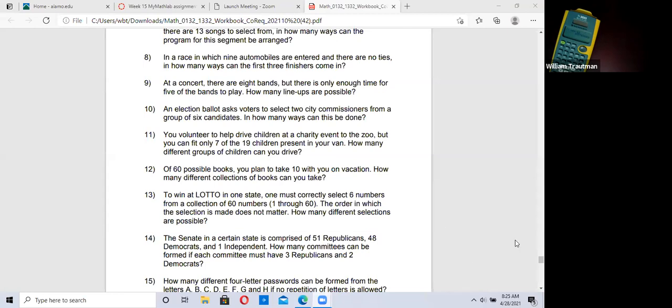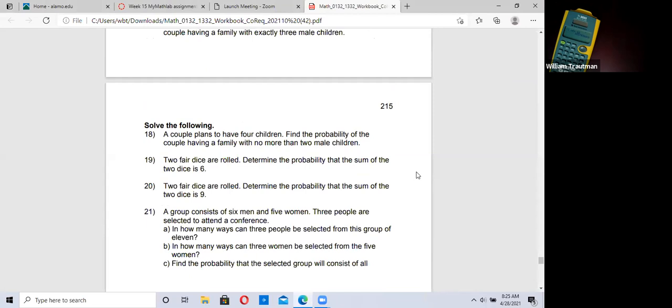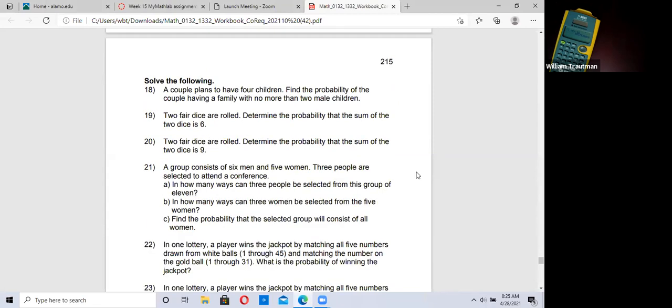Number 19. Two fair dice are rolled. Determine the probability of the sum of the 2 dice equals 6.